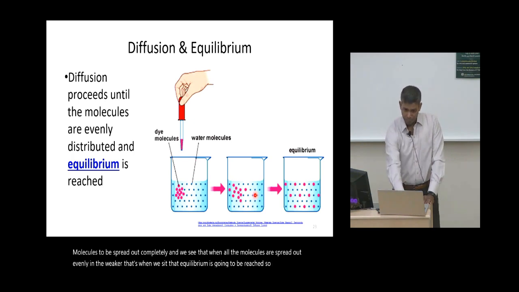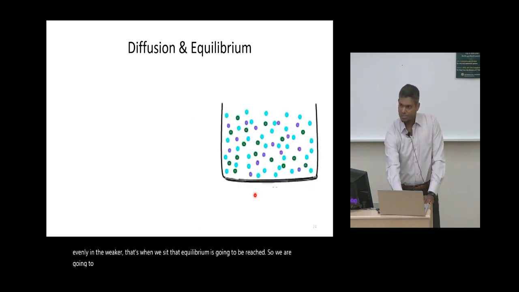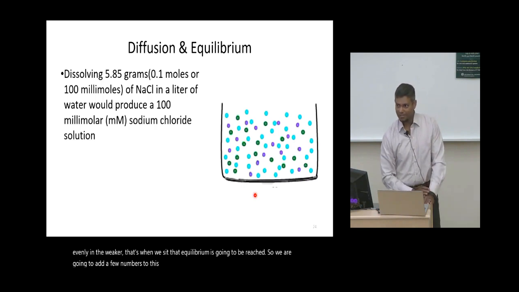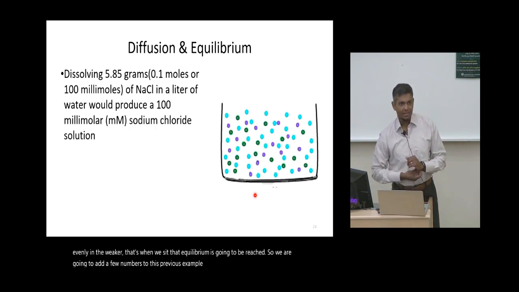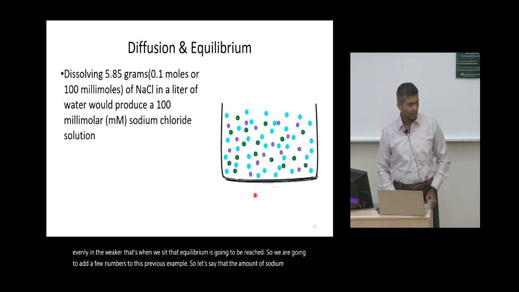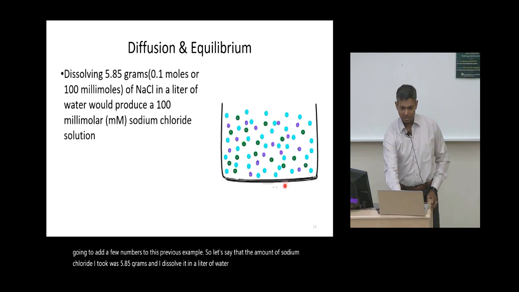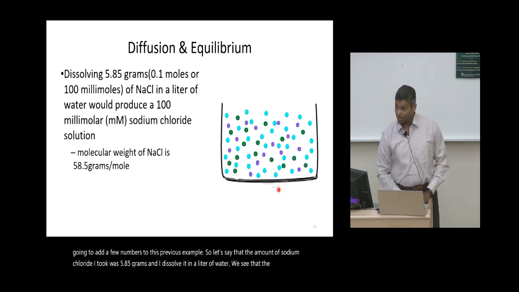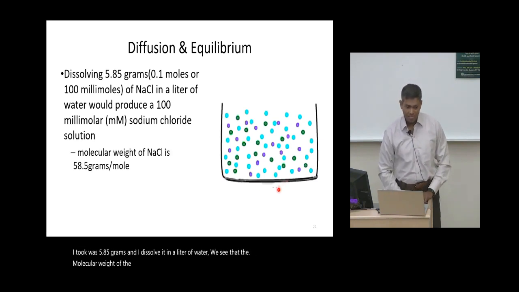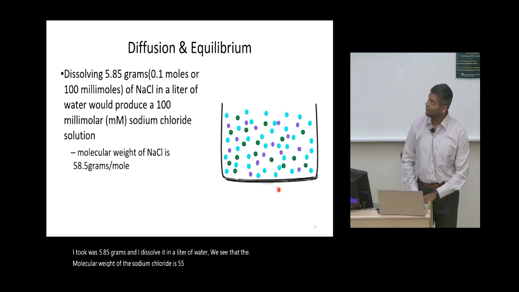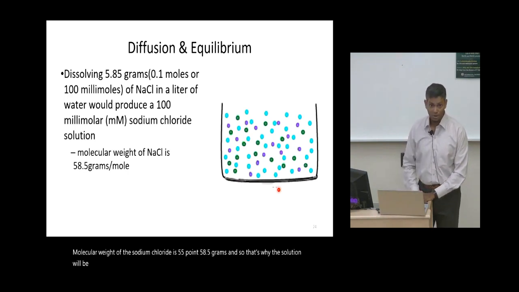So we're going to add a few numbers to this previous example. Let's say that the amount of sodium chloride I took was 5.85 grams, and I dissolve it in a liter of water. The molecular weight of sodium chloride is 58.5 grams per mole, and so the solution will be 100 millimolar.